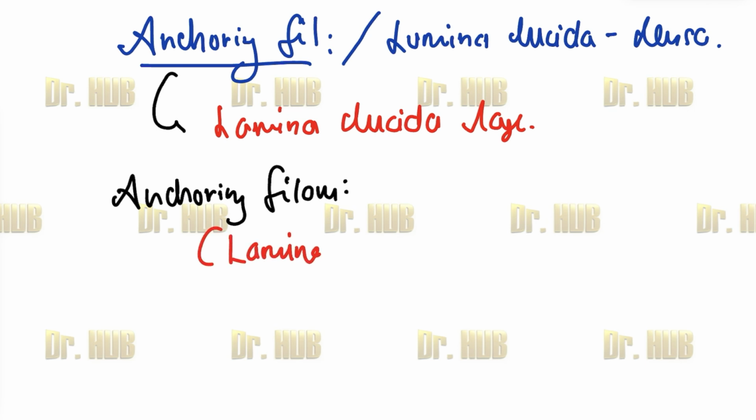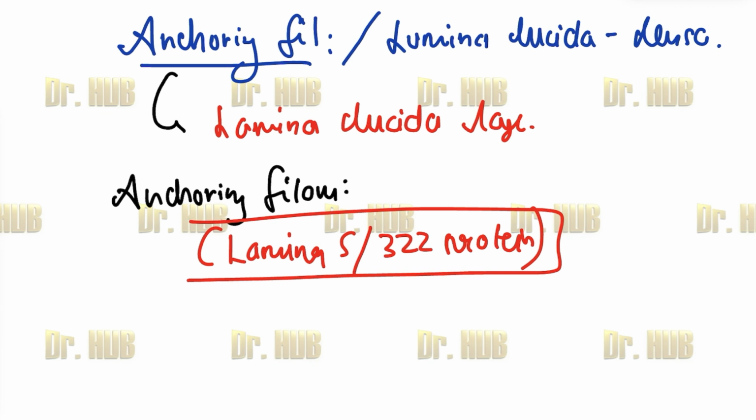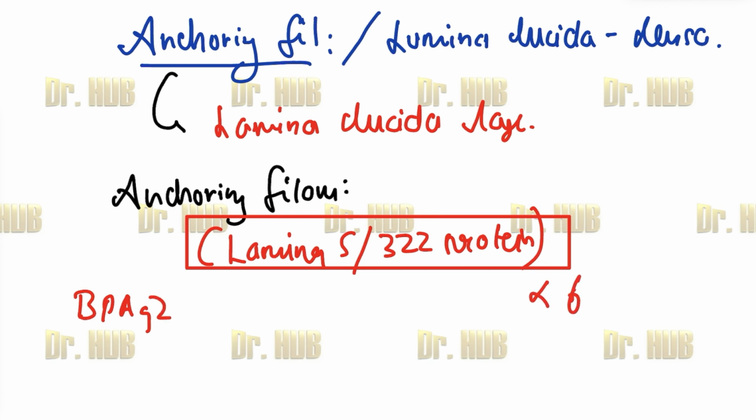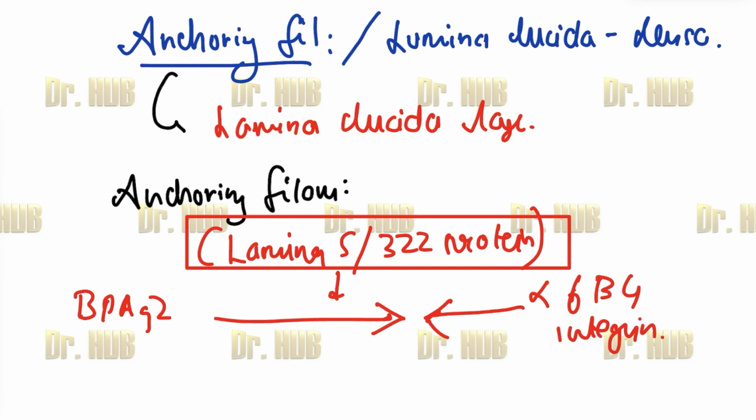What this does is it connects BPAG2 and the alpha 6 beta 4 integrin above to the lamina densa, which is below.